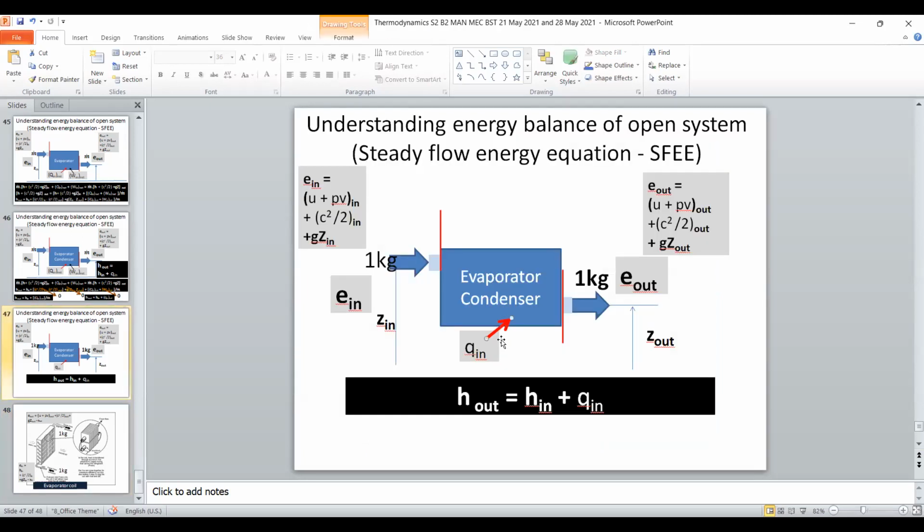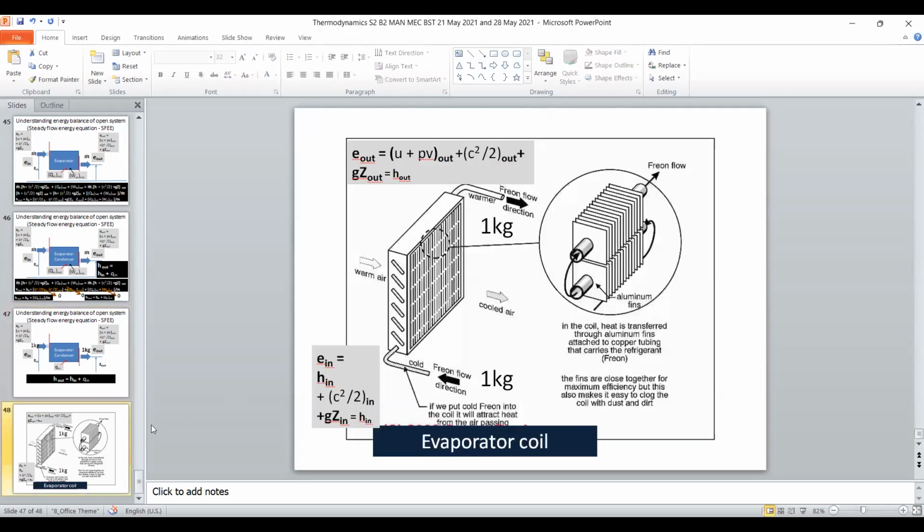So I take from here, Q in. So this Q in, when the refrigerant flows through here, let's say for 1 kg, this receives this much Q in.